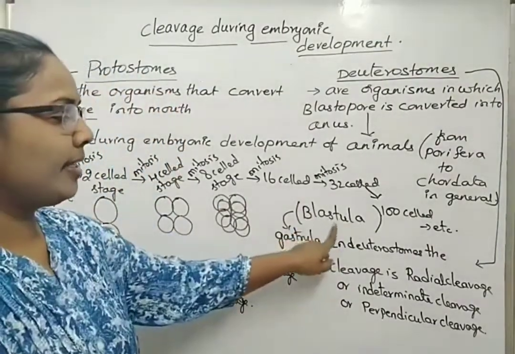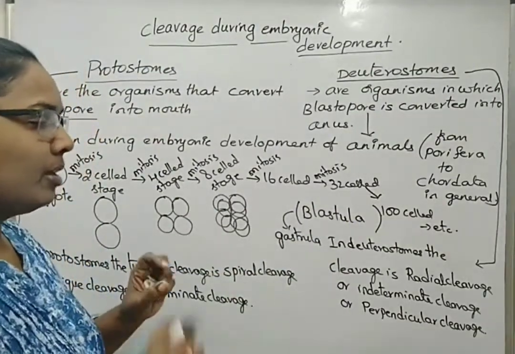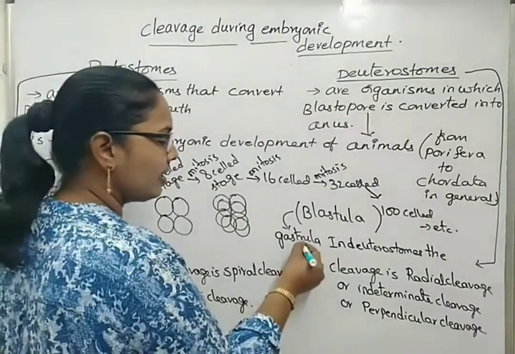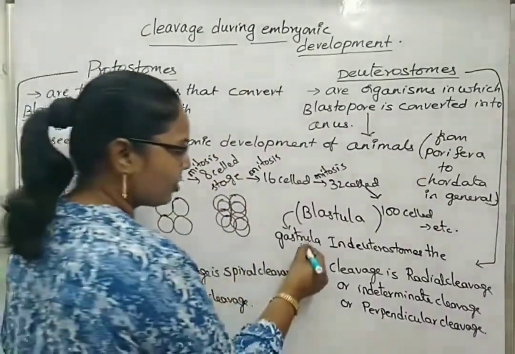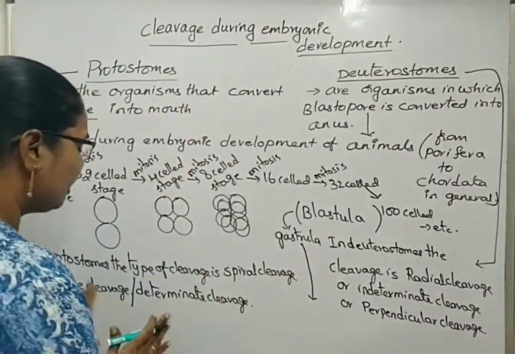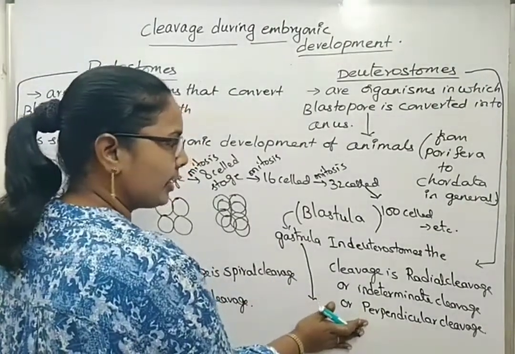Next stage will be gastrula. Now, there will be some shape to the organism. In this stage, it shows one of the labeling like blastopore. So, how the diagrammatic representation of a blastopore is going to be seen in case of protostomes and how it is going to be seen in case of deuterostomes, that we will see.